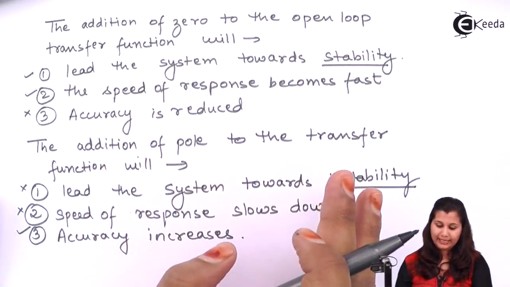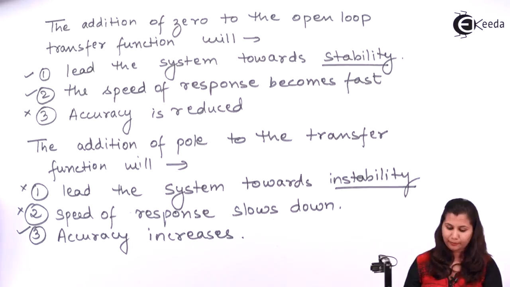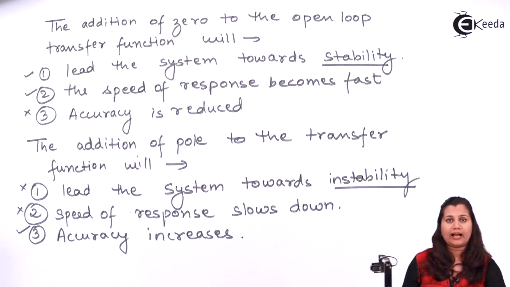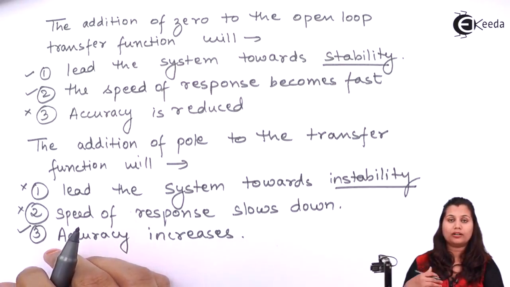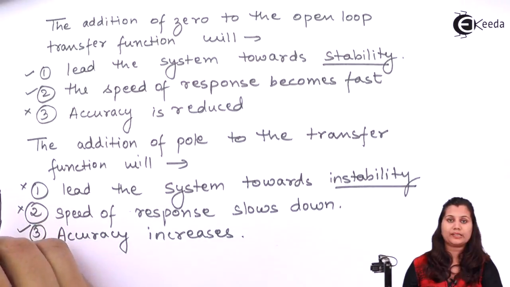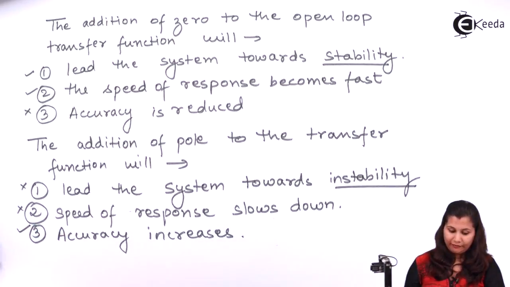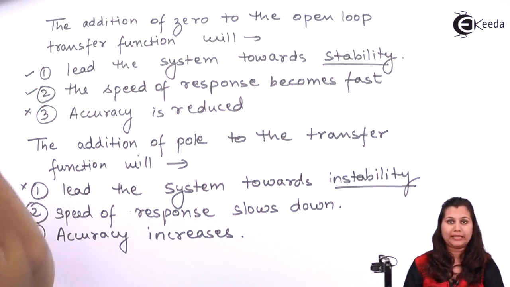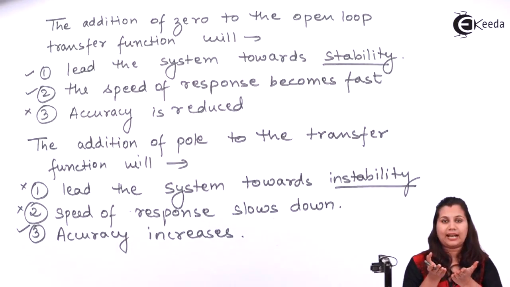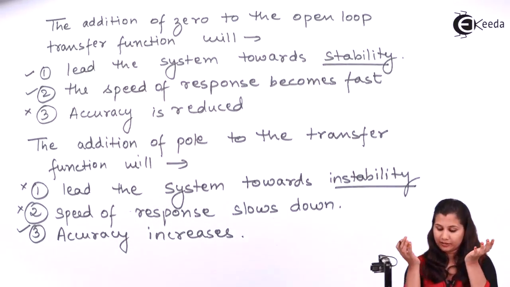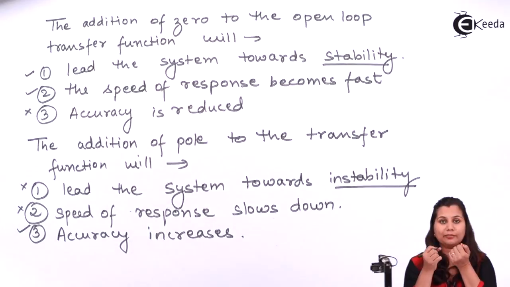So what we do in the redesigning of the control system, or while introducing a compensating network, is add these poles and zeros at suitable places so that they have an effect in some desirable form.